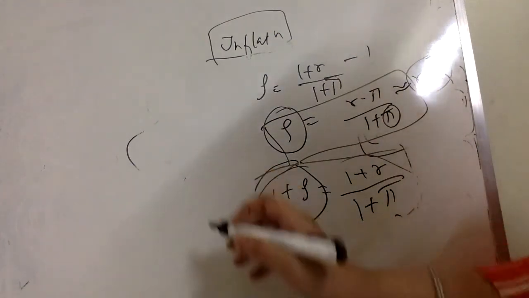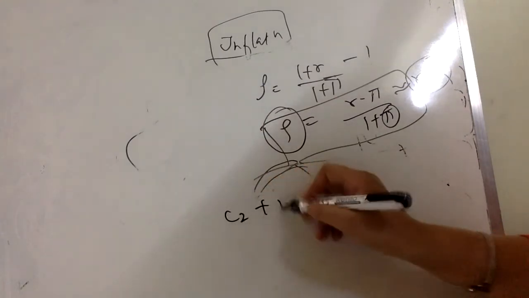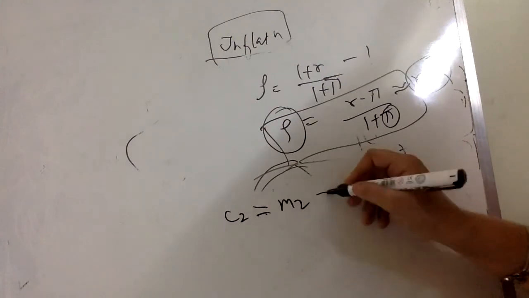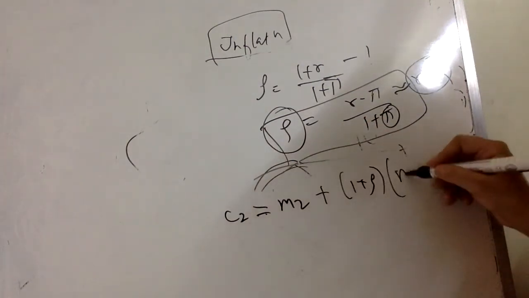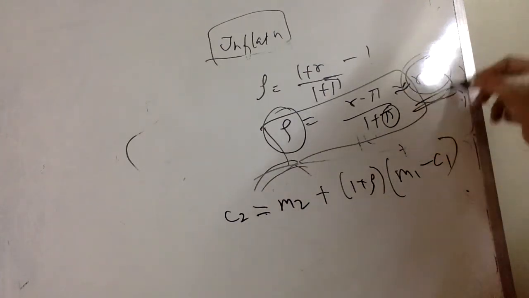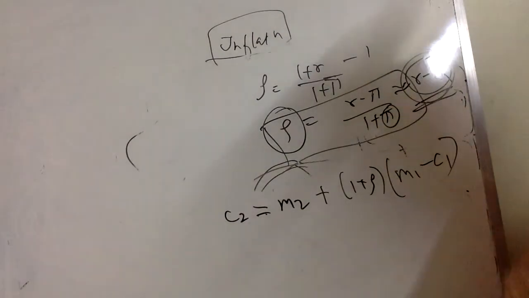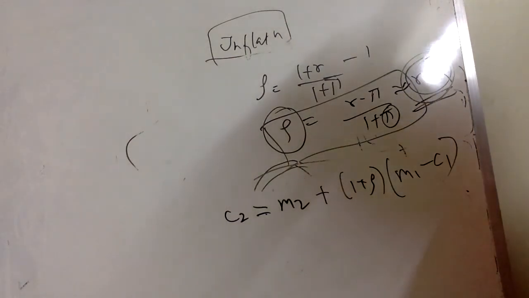So the equation of budget constraint now becomes C2 equals M2 plus 1 plus rho times M1 minus C1, and this precisely becomes the difference between the nominal rate and the inflation rate. So this completes the chapter on intertemporal choices.